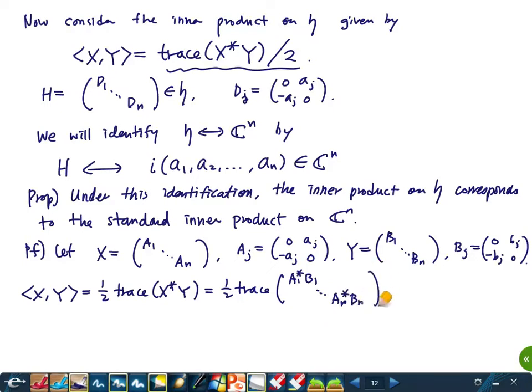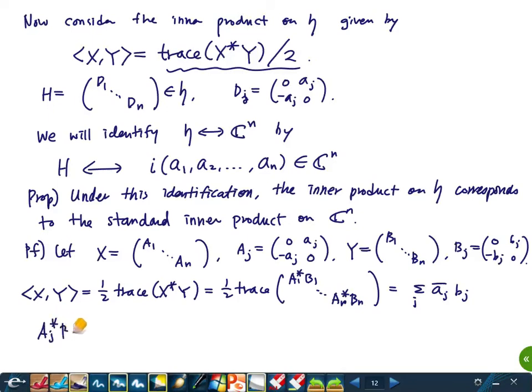Right? It looks like this. But this one is really the summation of Aj Bj. Why? Just compute it.